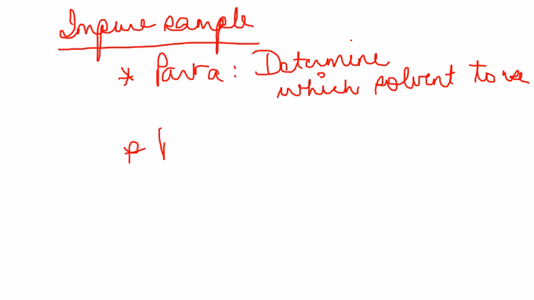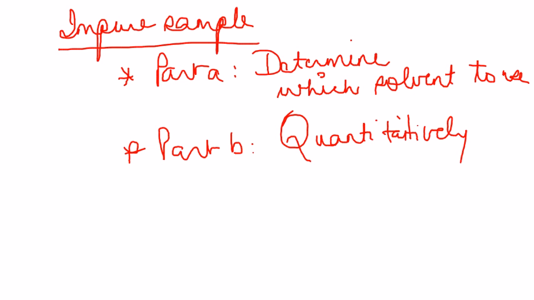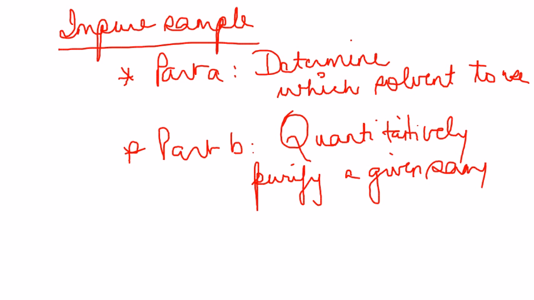And your second aim, which is part B, would be to quantitatively purify a given sample. It's the same sample.